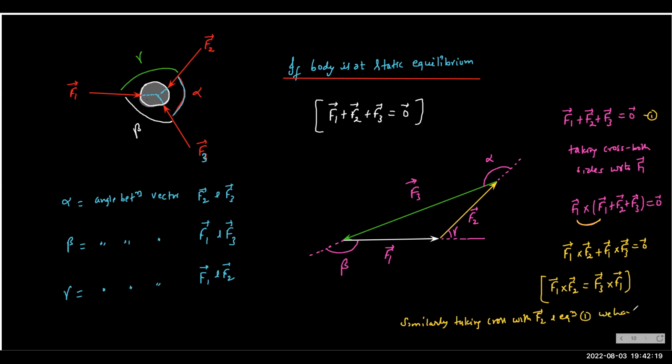I'll go to the next page. So we can write F2 cross (F1 plus F2 plus F3), and nothing is null.